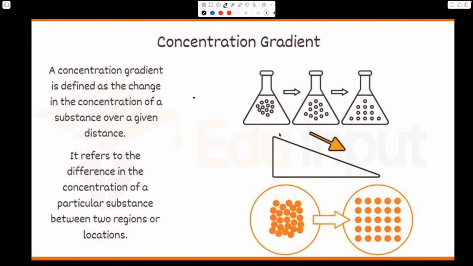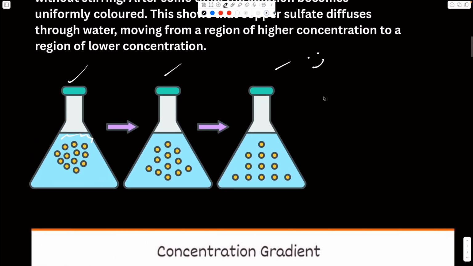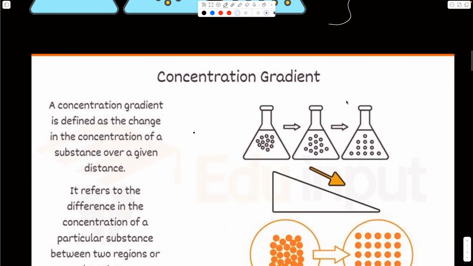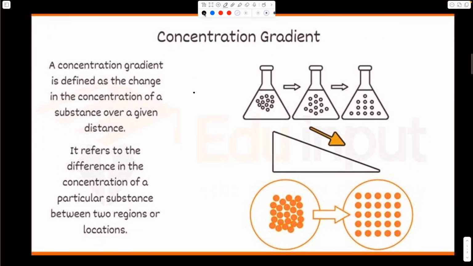For example, what we have done in this one, let's look at a more scientific way. Look at this one. Over this region, we can see the concentration is quite higher, right? Compared to this place, this place, this place, right?